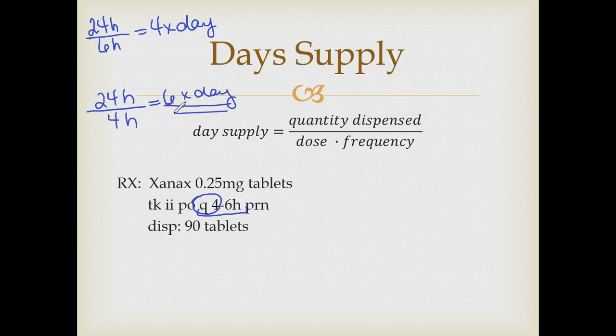So we're going to assume that the patient is going to get this at a frequency of 6 times a day. So I go ahead and set this up. So I have 90 tablets divided by 2 times 6. So essentially that comes to 90 divided by 12. So 90 divided by 12 gives me 7.5 days.